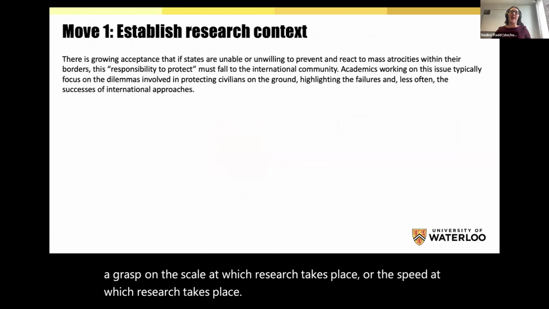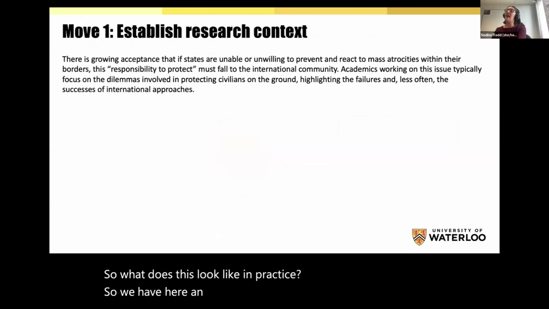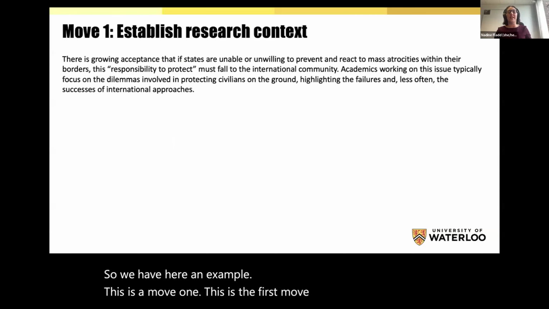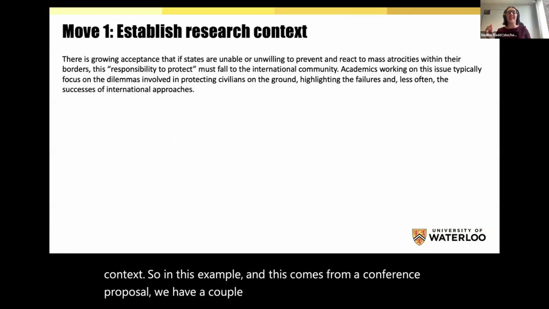So what does this look like in practice? We have here an example. This is a move 1. This is the first move that establishes the context. So in this example, and this comes from a conference proposal, we have a couple of sentences that identify the state of the field generally.